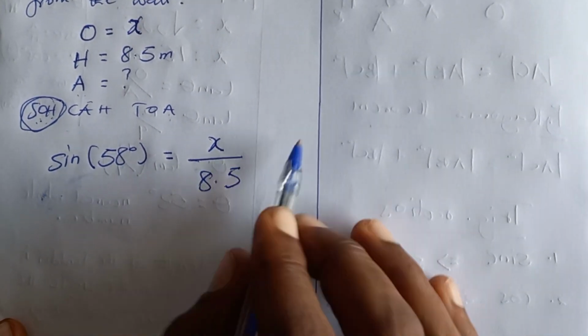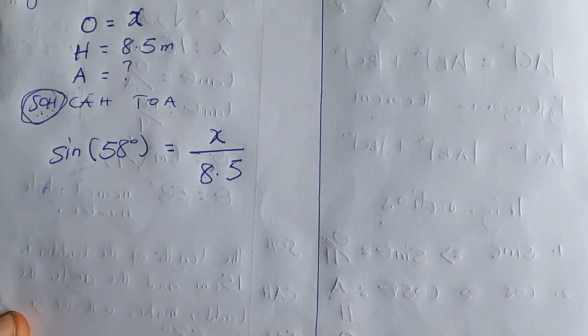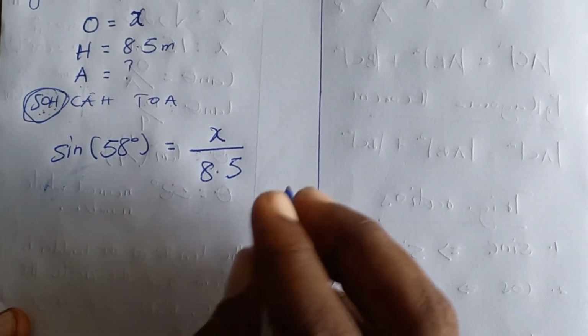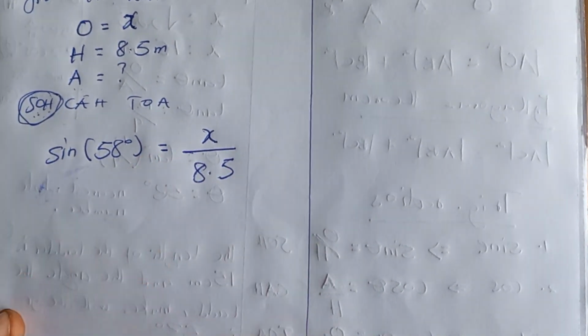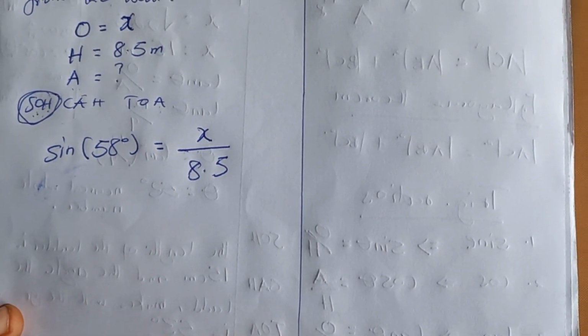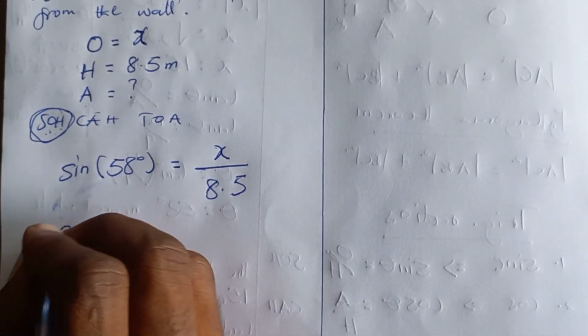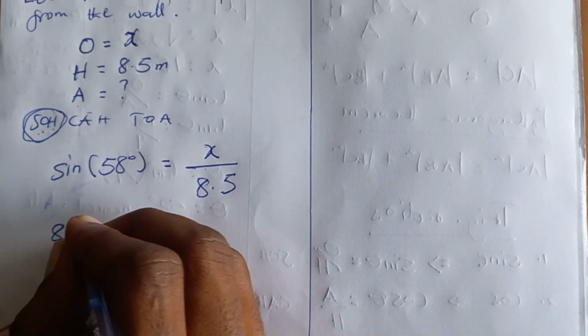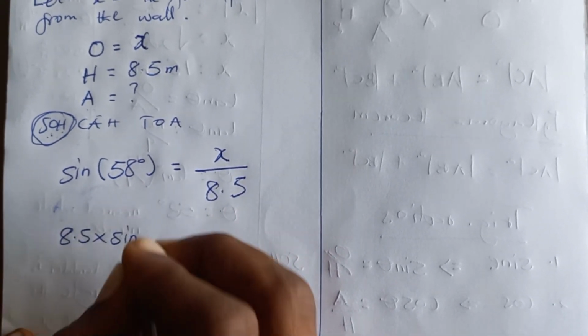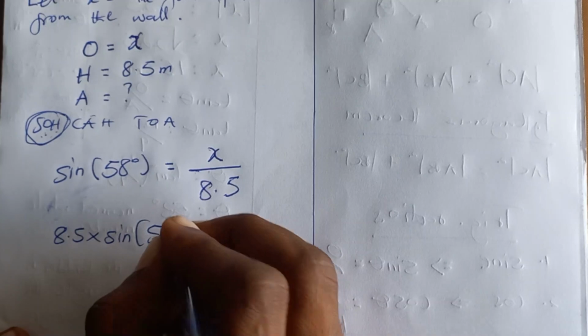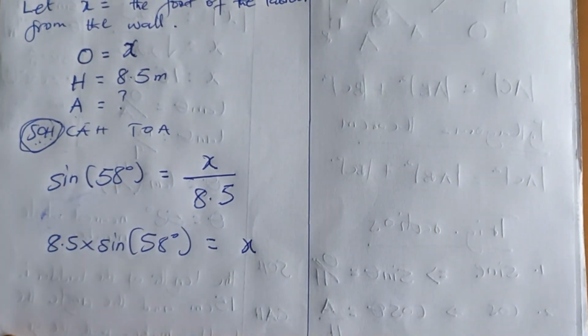So we can multiply both sides by 8.5. Okay, good. So when you multiply both sides by 8.5, we are going to make x the subject. Clear? So when you multiply both sides by 8.5, we get 8.5 multiplied by sine 58 degrees, which is equal to x.